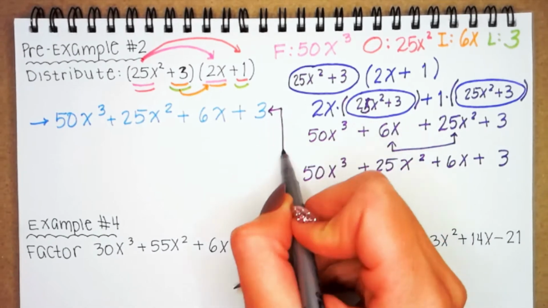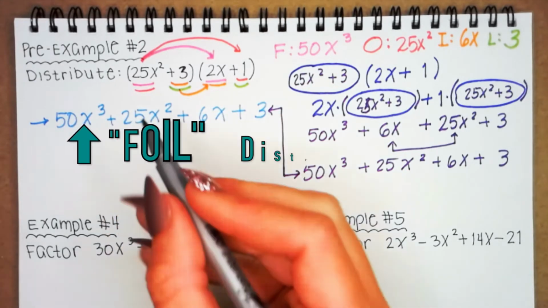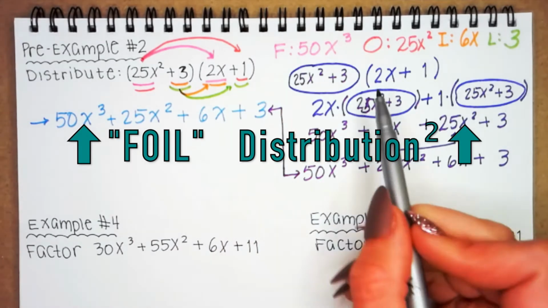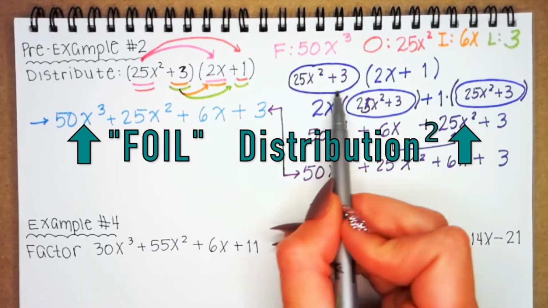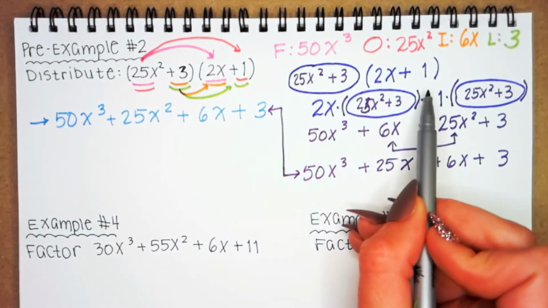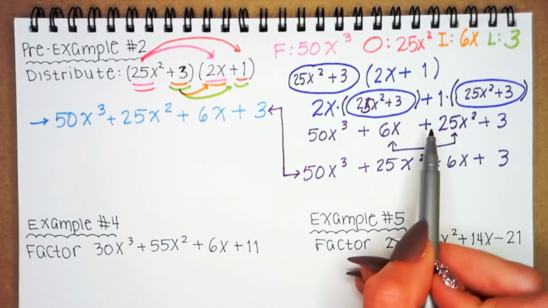Now, I just found that same solution, but with a different approach. While I FOILed on the first example, since I had a binomial times another binomial, here I really just thought of it as distributing my entire first quantity into my second quantity. This logic is a little bit better when we're trying to go backwards.